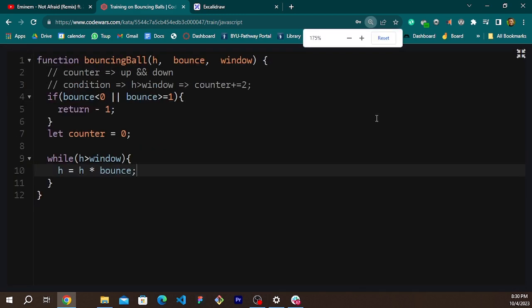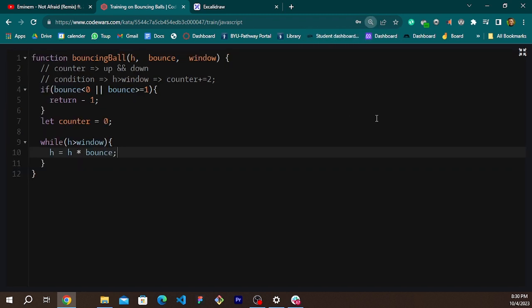Now we do have h which is getting minimized. We say that each bounce there is a movement of up and down. That means our counter will be incremented twice, right?